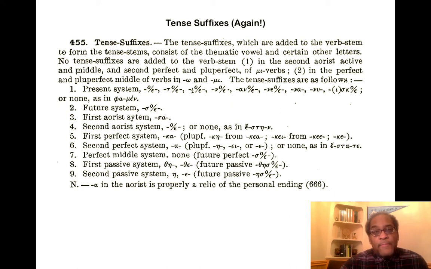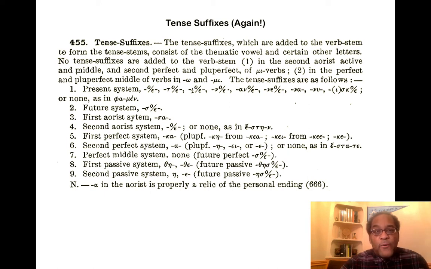He says that no tense suffixes are added to the verb stem in the second aorist active and middle, and in the second perfect and pluperfect active of mi verbs, which we'll see down the road. Likewise, in the perfect and pluperfect middle of verbs in omicron and mi, and we'll see that later. But for now, what we've seen is that in the second aorist active and middle, there is no thematic vowel at work. But if we look at this, we can ignore largely most of the present system because that's just very complex.